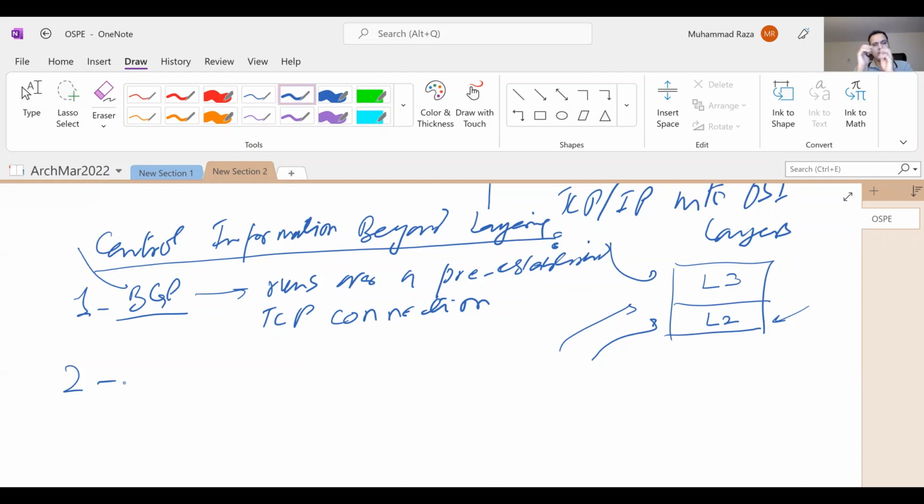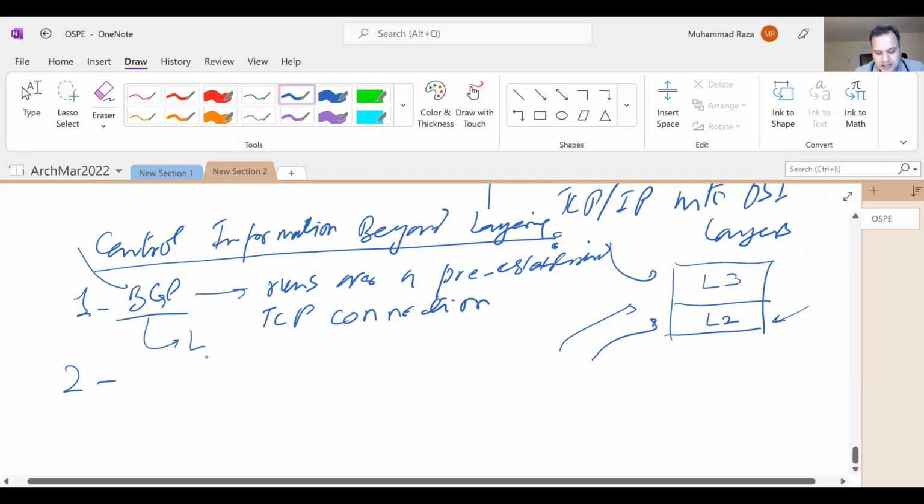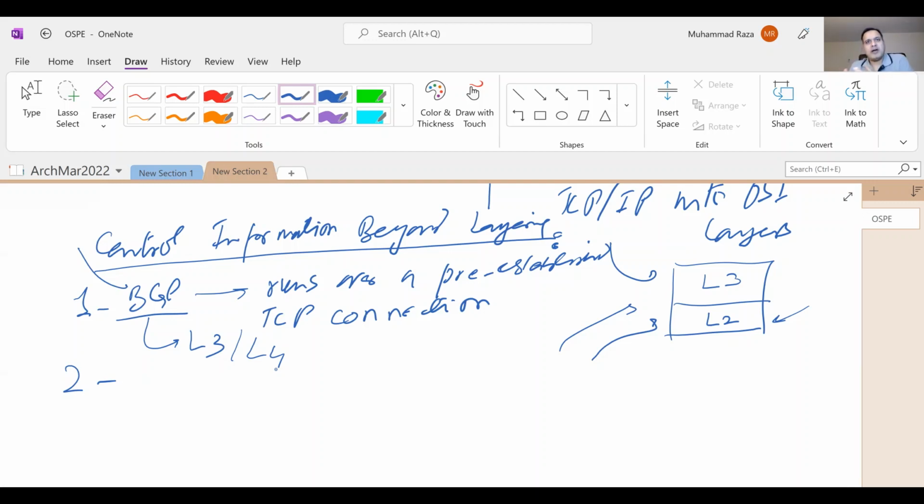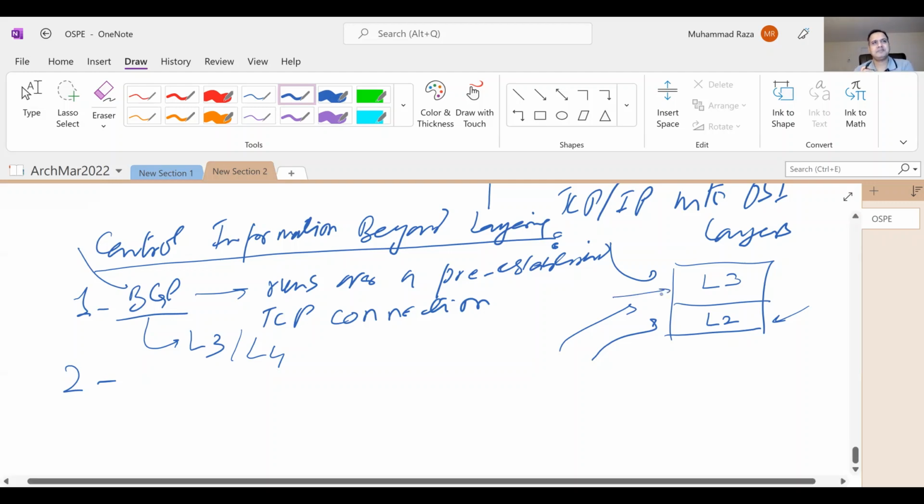See, BGP supports L3 operation, and it is running over L4. So you are running over L4, but you are providing L3 support, because eventually we provide support here.